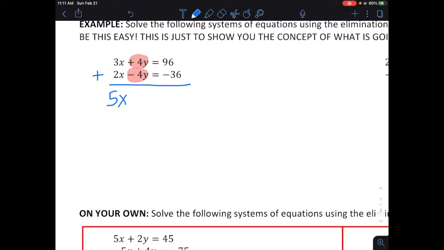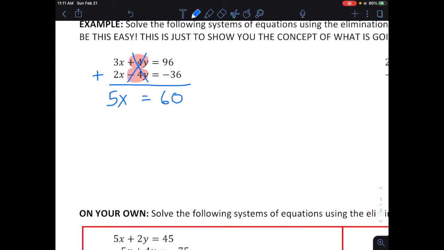Positive 4y plus negative 4y, well, they're opposites, so they cancel each other out. So those two disappear. And then 96 plus negative 36 is the same as 96 minus 36, so it'd be 60.